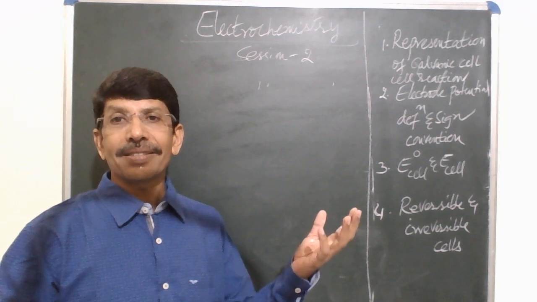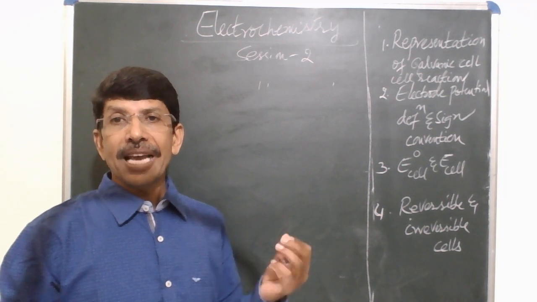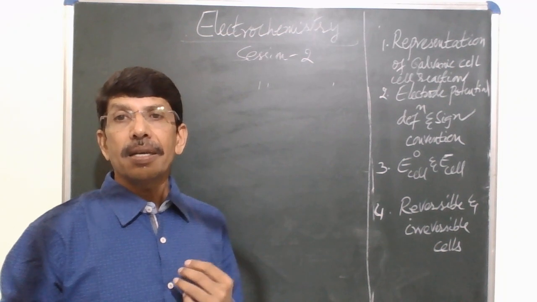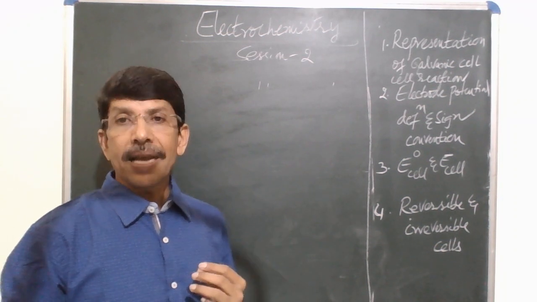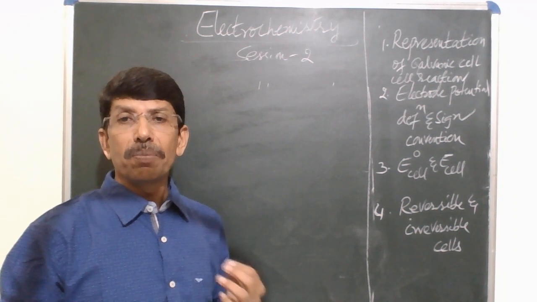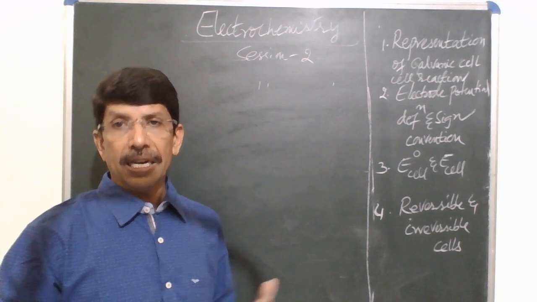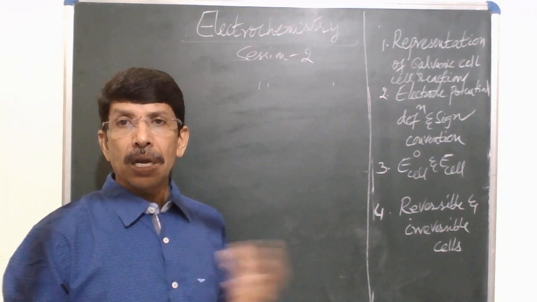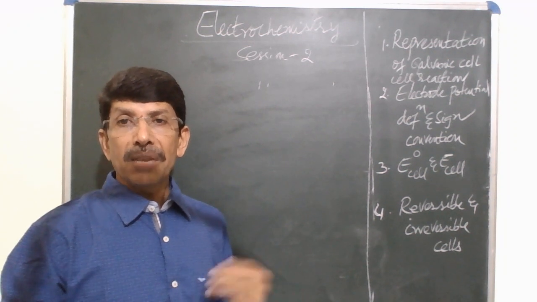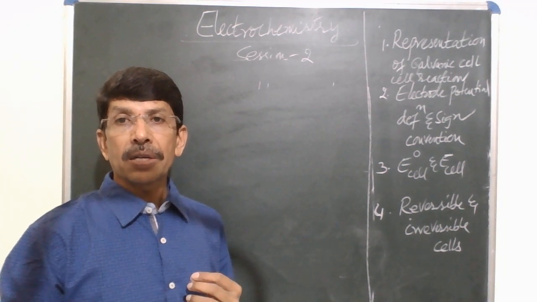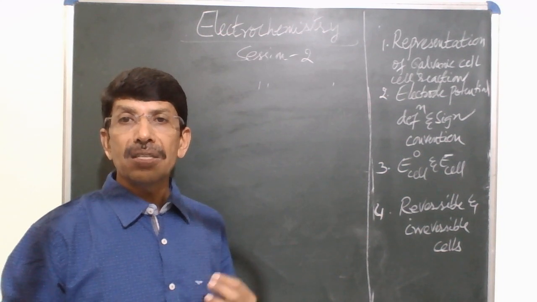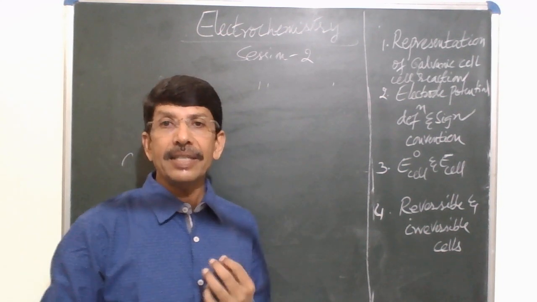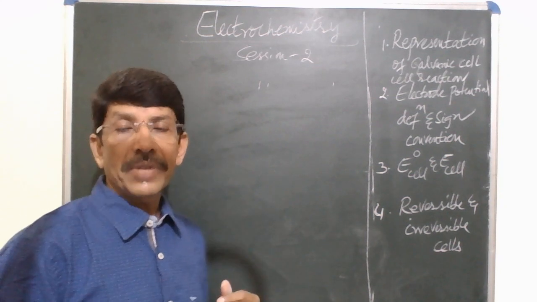Chlorine gas passed into a solution containing Cl- ions is also a gas electrode. Then we have metal insoluble metal salt electrodes, like the calomel electrode, which we'll discuss in a future session, and silver chloride electrodes. The last category is the redox electrode. Let's not worry about that.